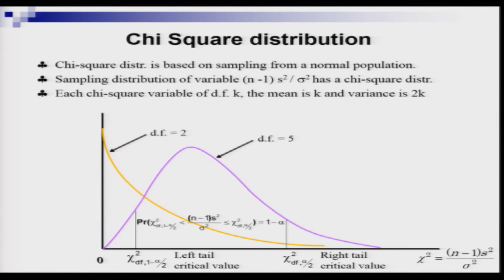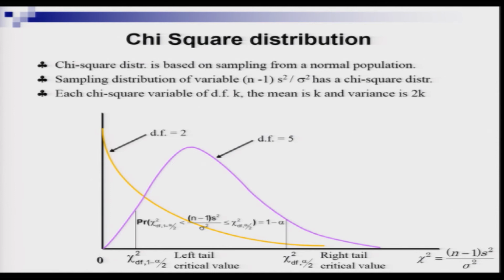Then the second point is that the sampling distribution of a newly created random variable, n minus 1 times the sample variance a square divided by population variance sigma square, is a chi-square distribution. Here note that n is my sample size and a square is my sample variance, the unbiased estimator of the population variance, and sigma square is the unknown population variance.